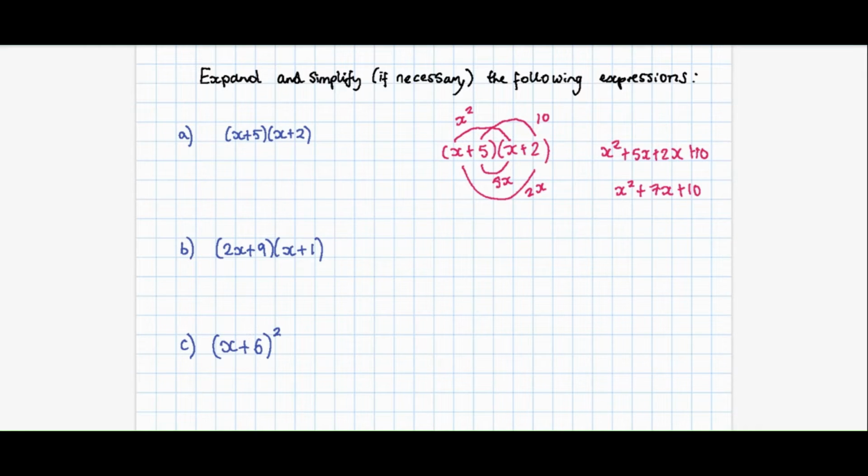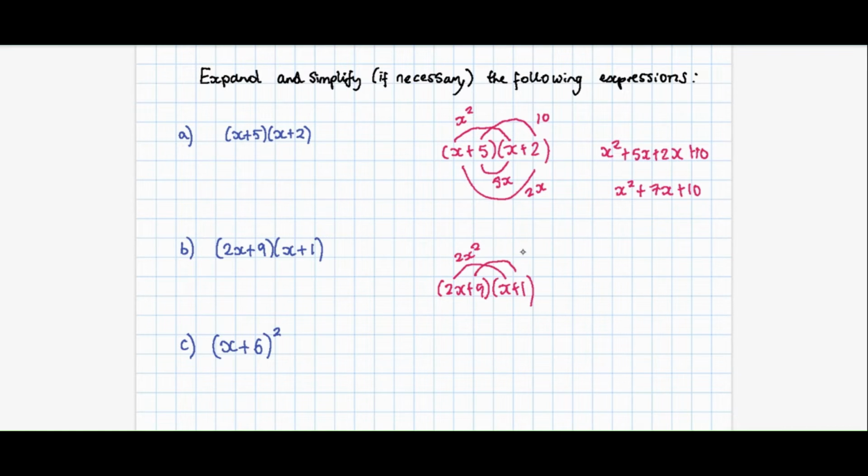And that's your answer. Right, so the next one's a bit more complicated because we've got the coefficient of 2 in front of the x in the first bracket, but it's the same method, so we'll just do that quickly. So let's draw it out again. This one, right. So you've got 2x times x, which is going to be 2x squared.